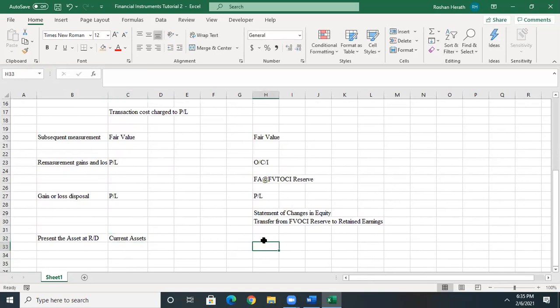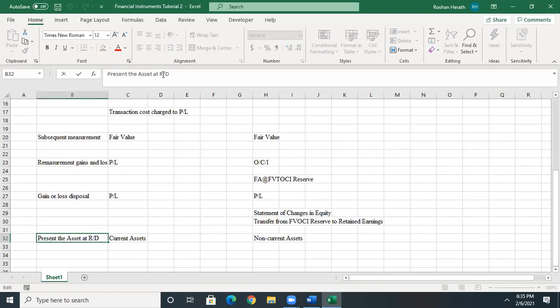Here, if it is a financial asset at fair value through other comprehensive income, show them under non-current asset. That's another difference when it comes to presentation of the asset at the reporting date, right?